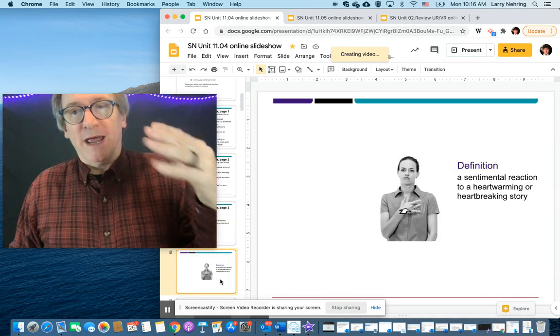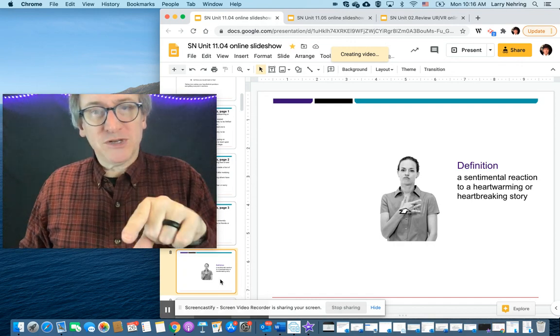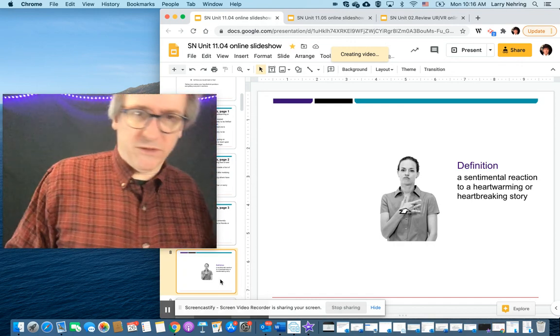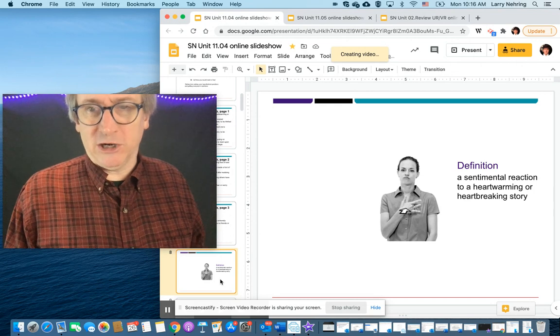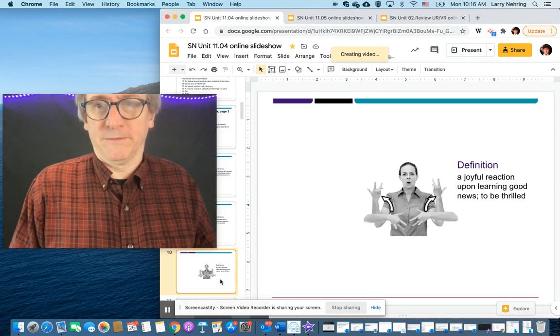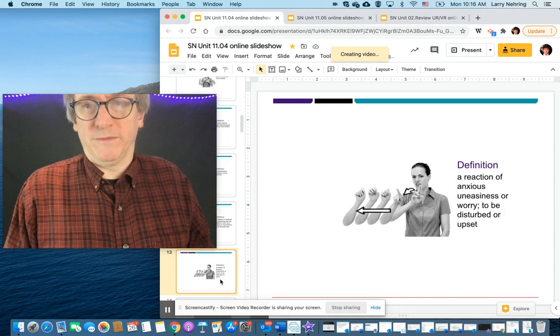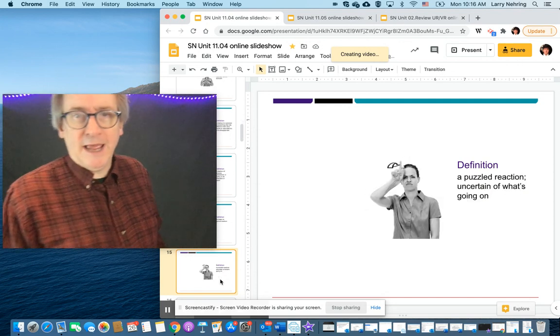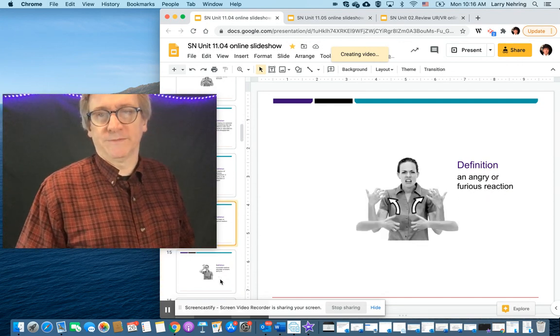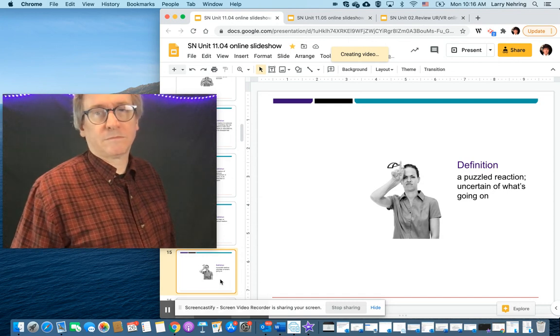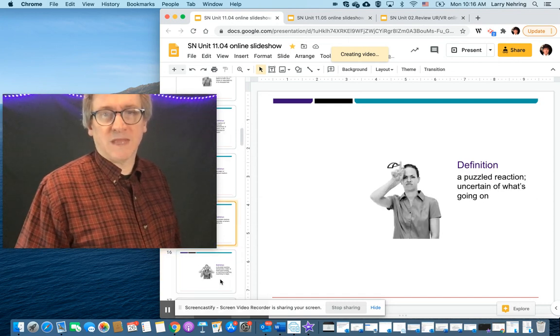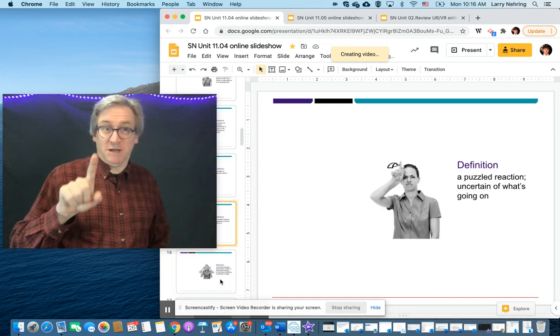Now we go through, and the pictures in here are a little clearer than the ones in the book for the most part. And again, I'd put GIFs in here, but it would slow this down. A whole bunch of different pictures from upset, angry. That's her Hulk picture. Puzzled reaction. I just want to clarify.